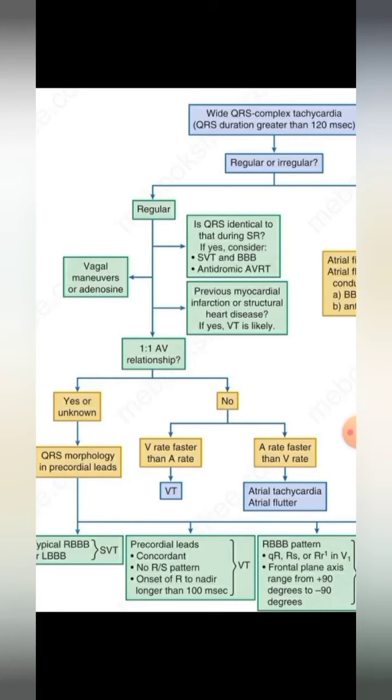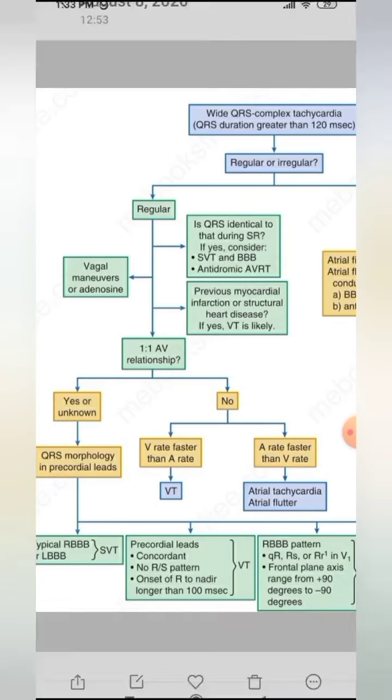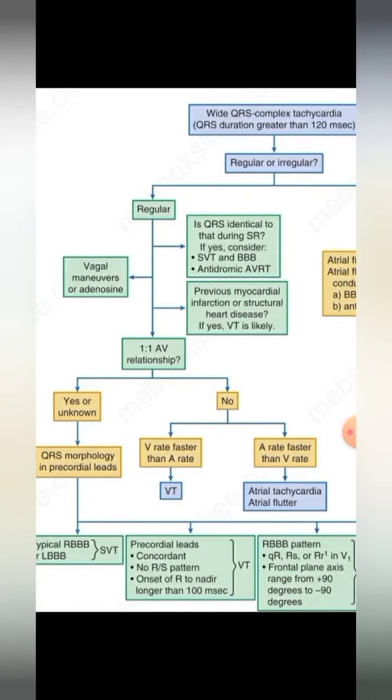Or if there is a history of previous myocardial infarction or a known structural heart disease, then again we can think that most likely it's ventricular tachycardia. And then we come to the AV relationship, the one-to-one AV relationship.